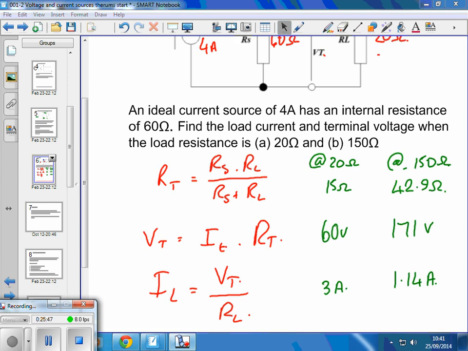Again, the highest load is where the most current's being drawn, remember. High load, low voltage; lower load, higher voltage. Don't think in terms of more resistance as higher load; less resistance is higher load. It's going to draw more current if the resistance is less. Okay, we'll pause there.